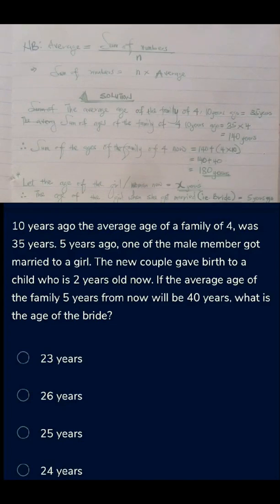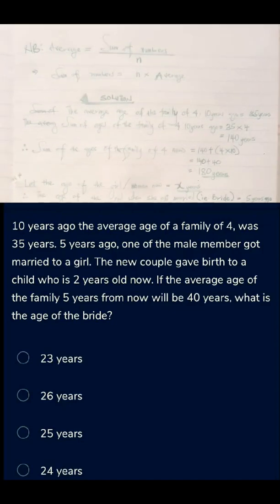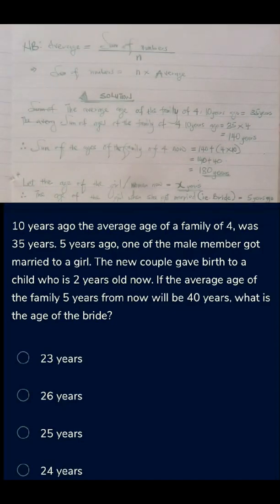So from here, we move to the next section of the question. In 5 years' time, what will be the ages of the family and the children, as the child and the woman, as is given in the question?